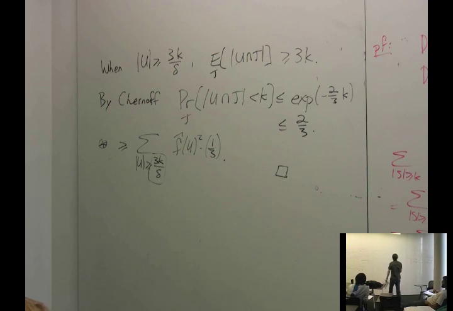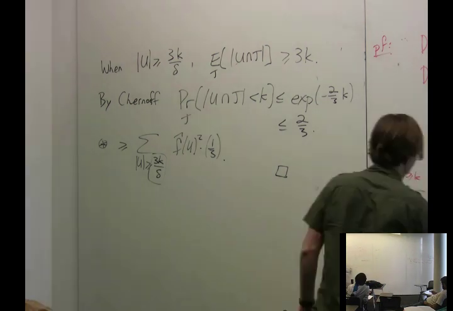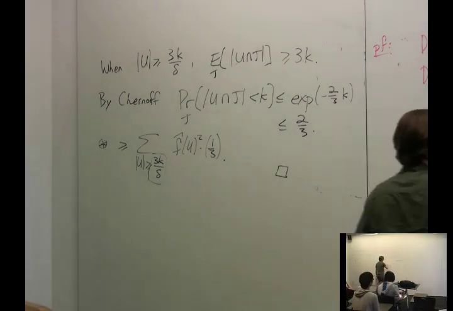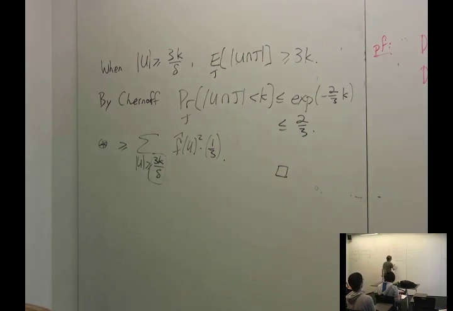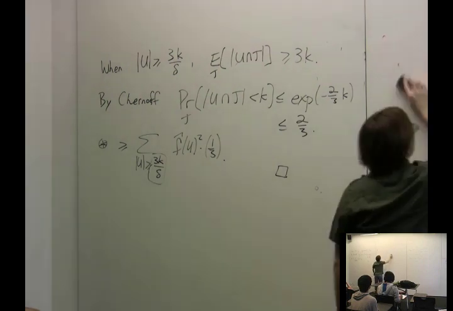Great. So once you have these two things together, you can just plug them into one another and get a Fourier concentration result for width w DNFs, which is noticeably better in one aspect than the one we got last time.